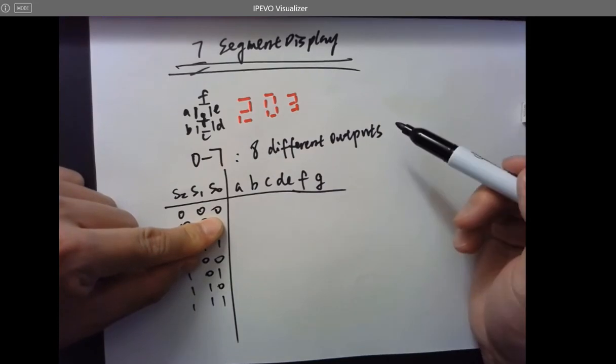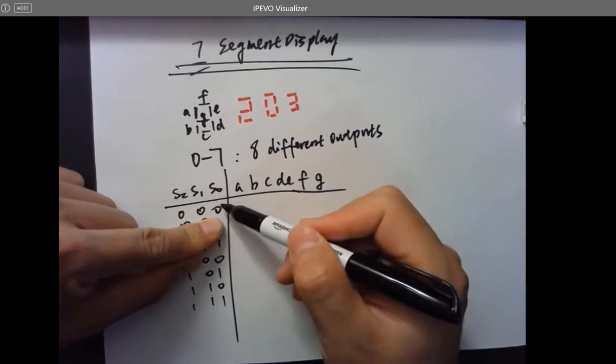But let's make it easier. When you have 0, 0, 0, I'm going to display a 0.